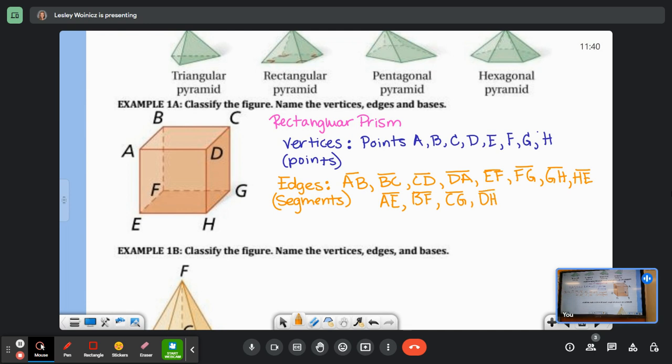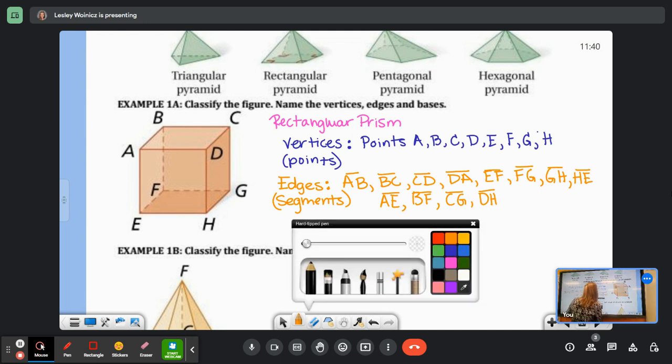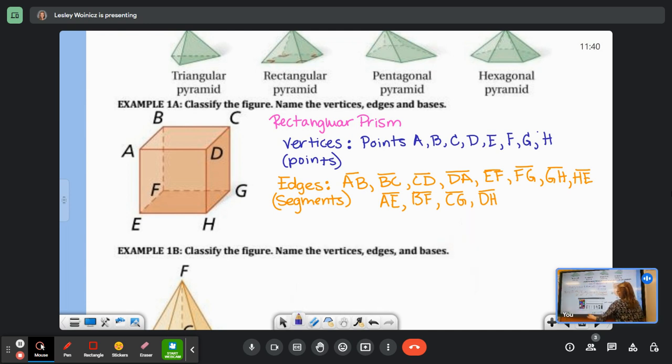Okay, now we have two bases, which is really a matter of perspective, but I'm going to just say it's the top and the bottom. I'm going to use a different color. Instead of having to write out rectangle, I looked in the book, and the book just draws a little picture of a rectangle. Just make sure that I can tell your rectangle is a rectangle and not like a squished little parallelogram.